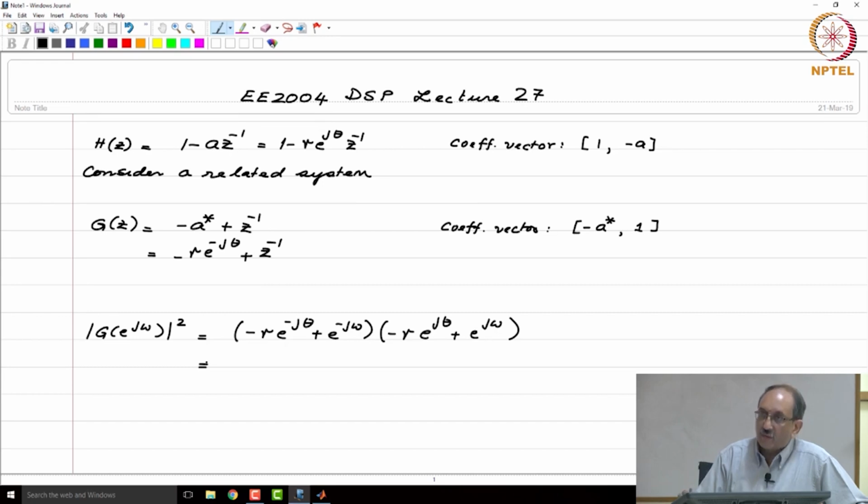And now, if you simplify this, what do you get? You need to push pen on paper and simplify. 1 minus 2r cos omega minus theta plus r squared. And is this something you have seen before?